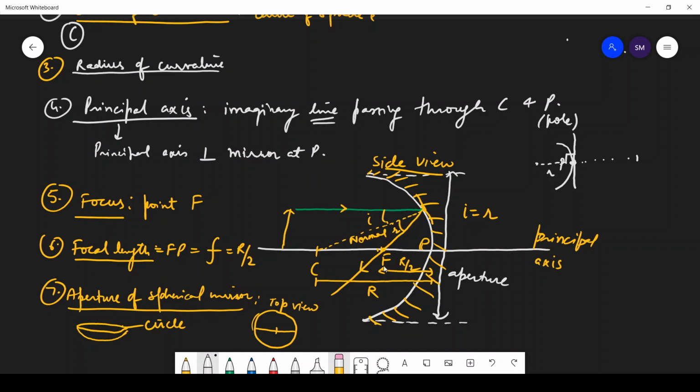Okay, students, don't get this confused with radius and diameter. This is the diameter of the spherical mirror that we call aperture.